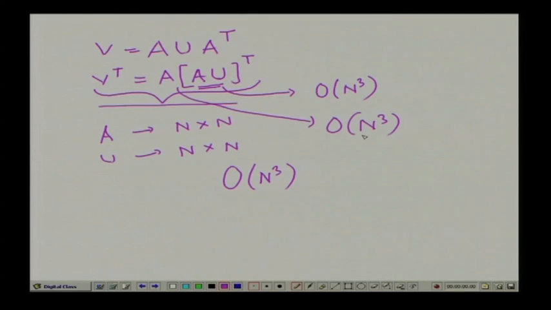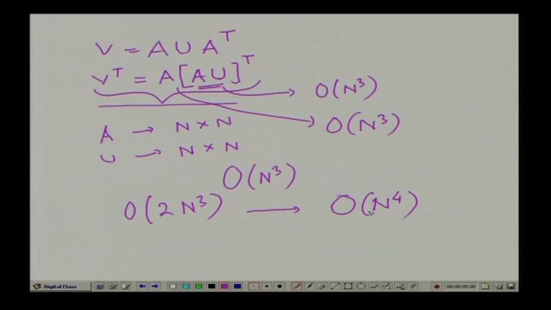So, the total number of additions and multiplications that we have to perform when I implement this as a separable transformation is of order 2 n cube. And you compare this with our original configuration, where the number of additions and multiplications was of order n to the power 4.